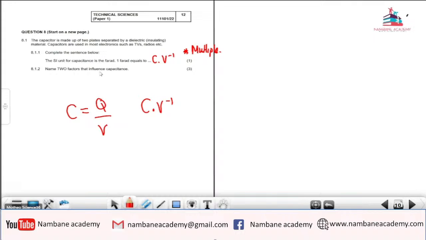Name 2 factors that influence capacitance. Here, I want you to be very, very specific. Area of what? Not just area. Area of the plate. Those are your marks. What else? Not just distance. Distance between the plates.